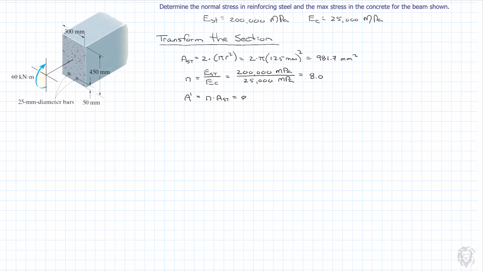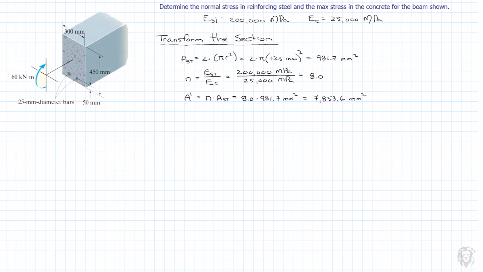And so we have 8.0 times 981.7 millimeters squared, and we get a value of 7,853.6 millimeters squared. So that's the area we're going to use in our transformed section.